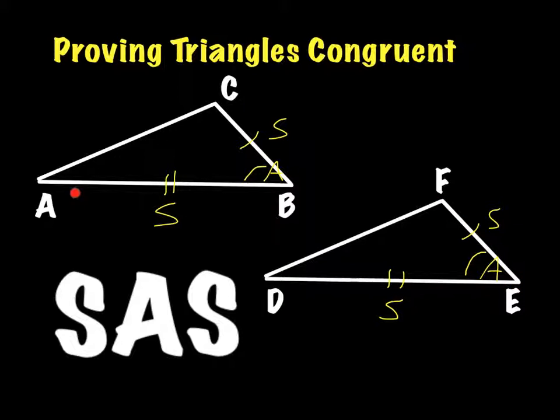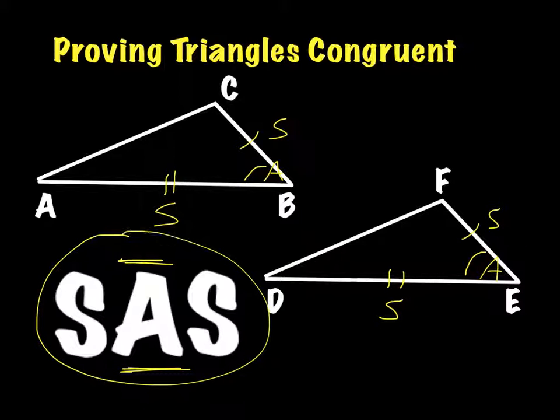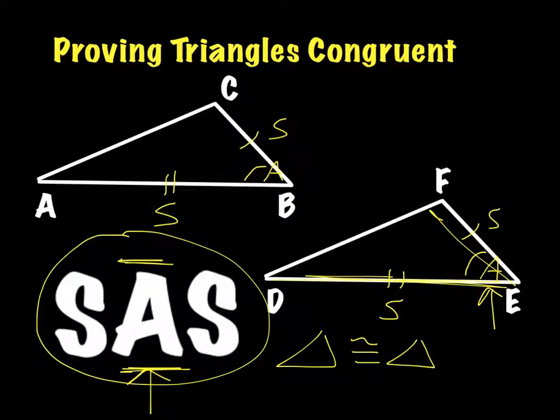That pattern of side, angle, side, where the angle is in between the two sides, is enough to prove that the two triangles are congruent. Notice where the angle is in this abbreviation, SAS. The A is in between, and in the picture, the A is in between the two sides. Because of that pattern, I can say that the two triangles are identical.